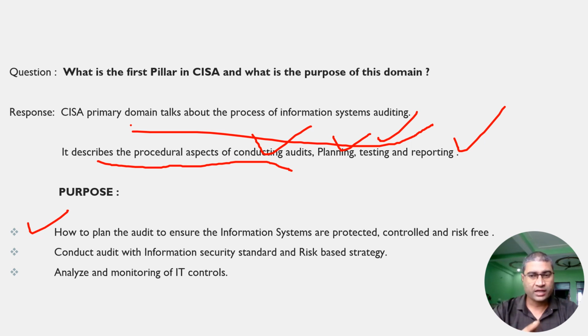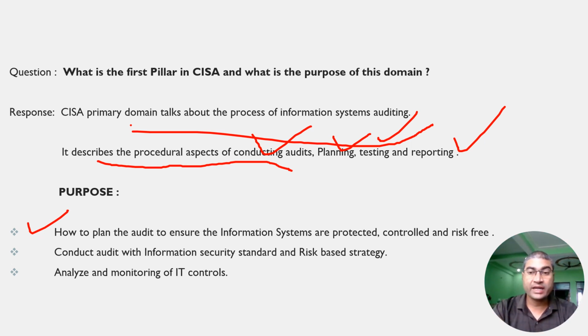Guys, here one question arises: what are the types of audit? From the organization's point of view, there are two kinds of audit. Number 1 is information security standard, which means we do the audit on the basis of international standards.